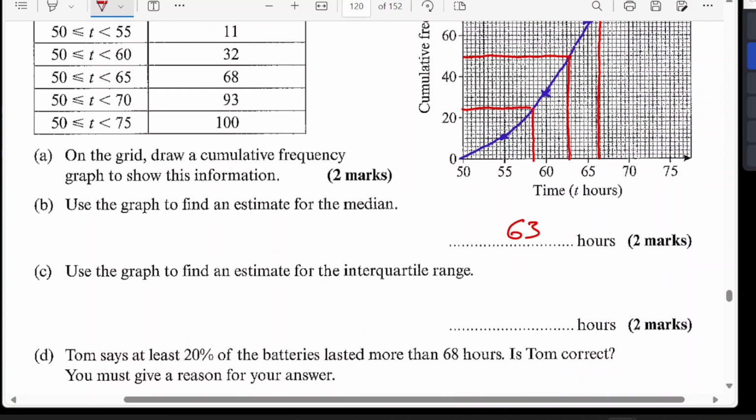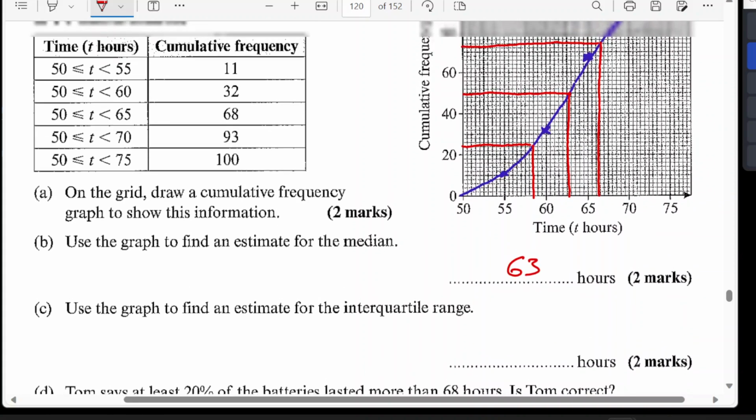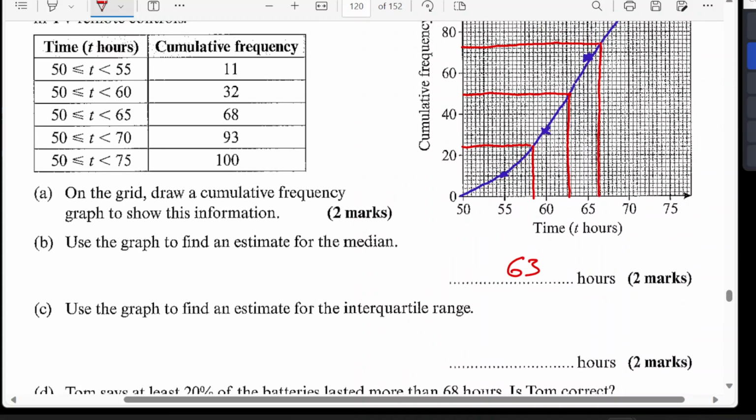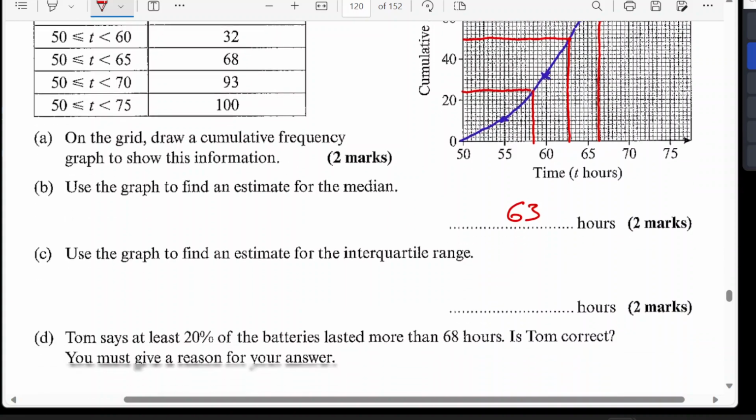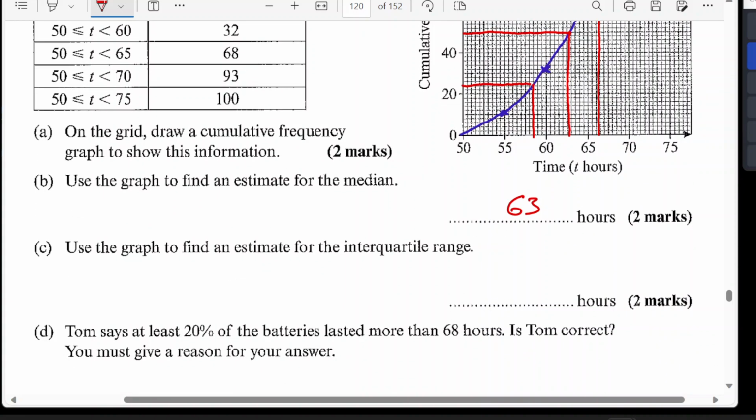Right, so my interquartile range, we were going up in ones on this graph, weren't we? On this axis, sorry. So I'm going to say 68 minus, and then this value is 50.